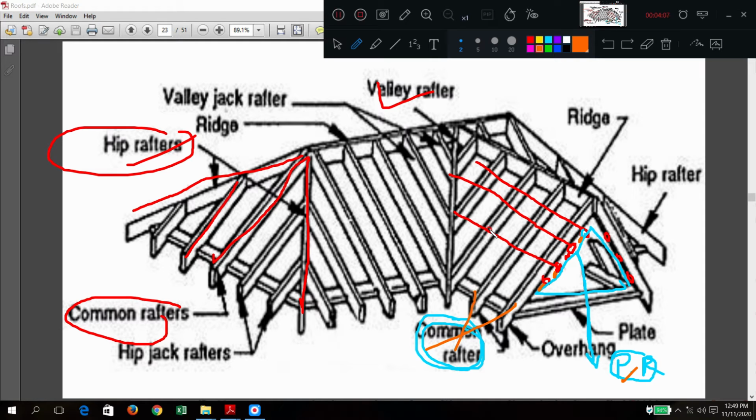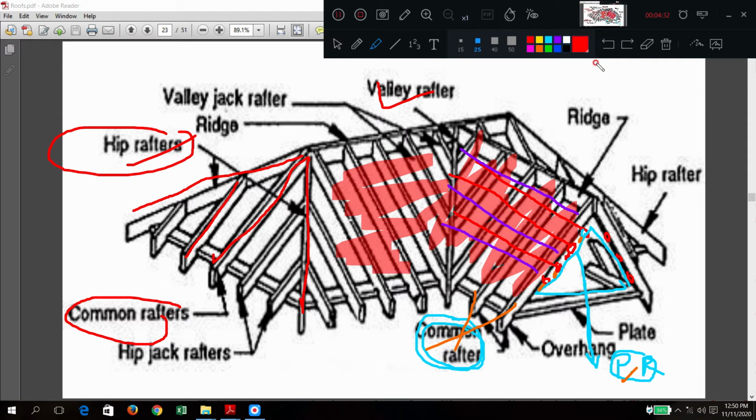One more thing will come: small strips called battens. Battens are supported on the common rafter, and over the battens you have sheets.